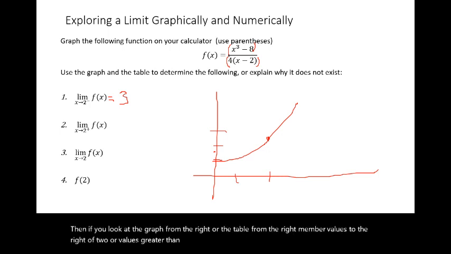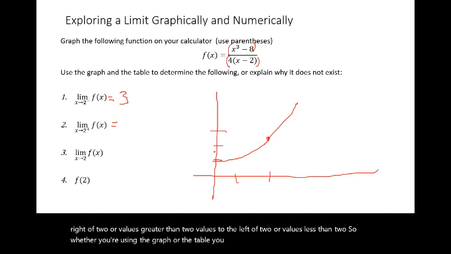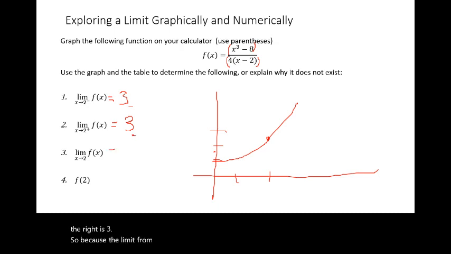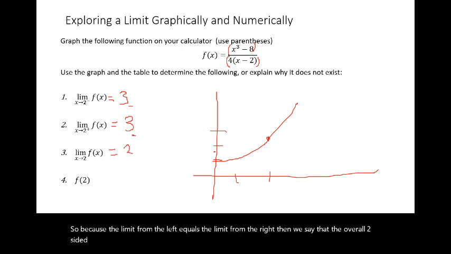Values to the left of 2 are values less than 2. So whether you're using the graph or the table, you will find that the limit as x approaches 2 from the right is 3. So because the limit from the left equals the limit from the right, then we say that the overall two-sided limit as x approaches 2 is also equal to 3.